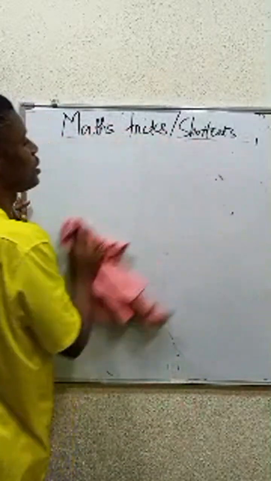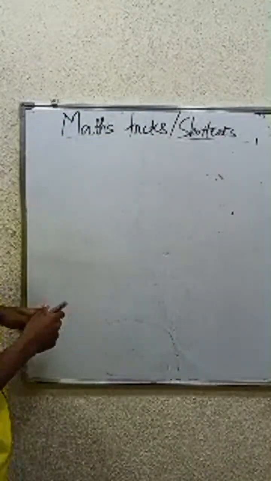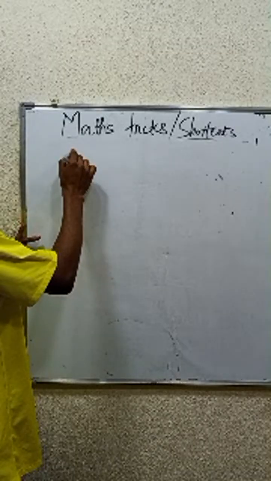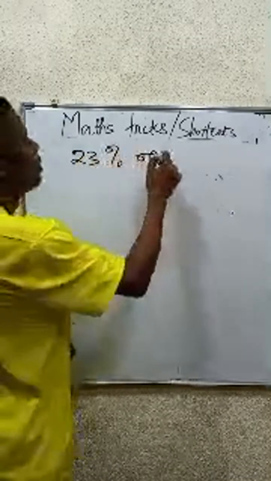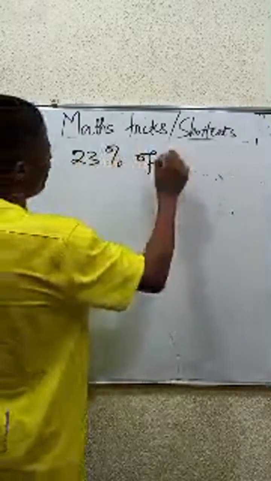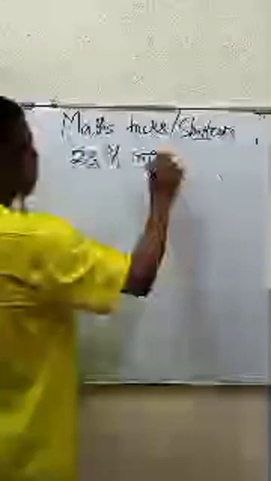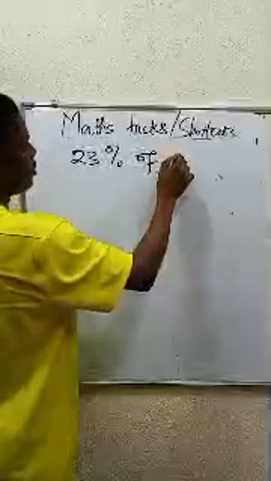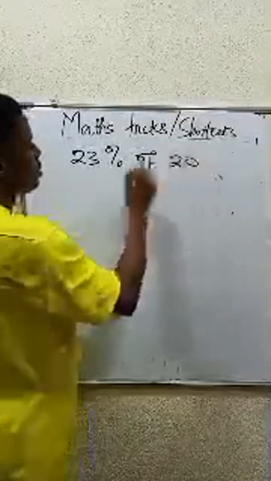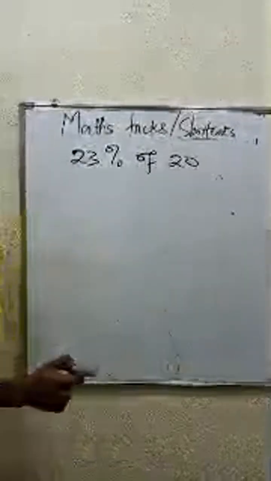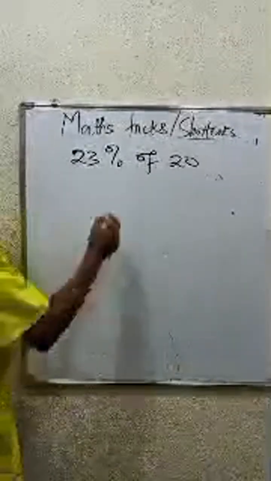If you have any trick you know, or if you think we still have more tricks, let's say you have 23% of 20, for instance. How can we use this method again? It's very simple.